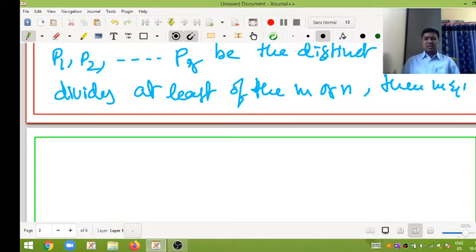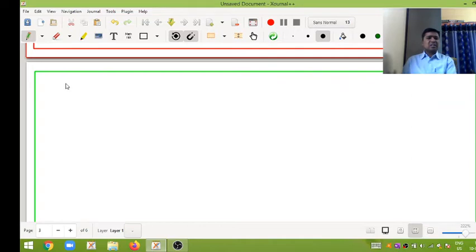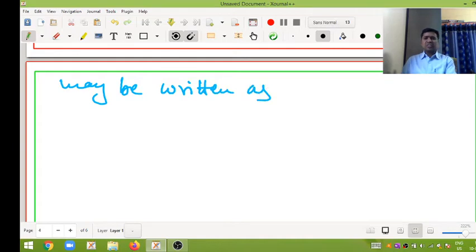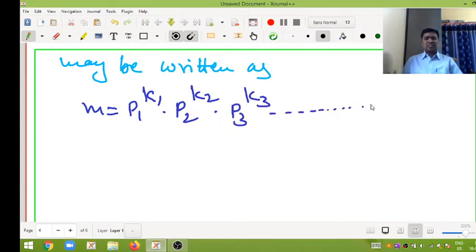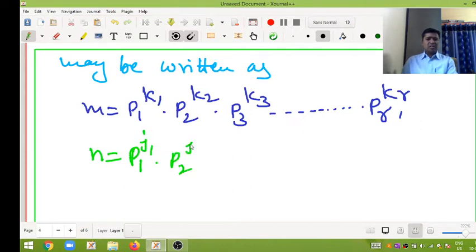Then in that case, m and n may be written as m is equal to p1 power k1 into p2 power k2 into p3 power k3 and so on into pr power kr, and n is equal to p1 power j1 into p2 power j2 into p3 power j3 and so on into pr power jr, my dear friends.